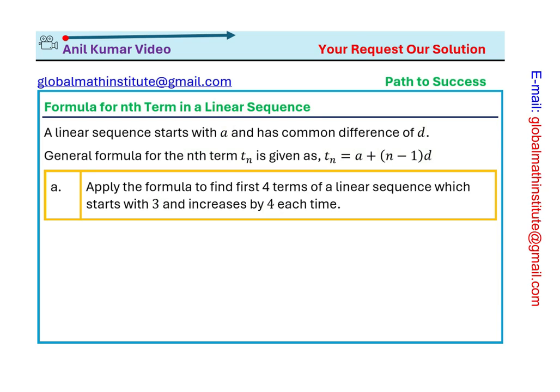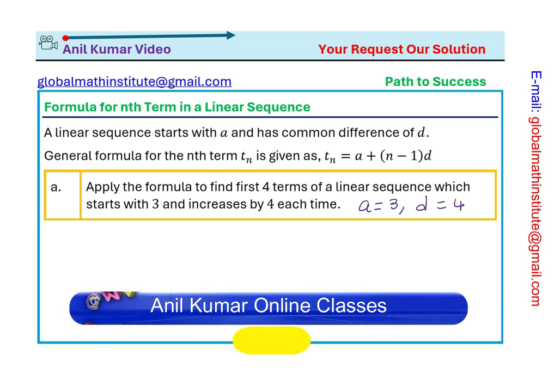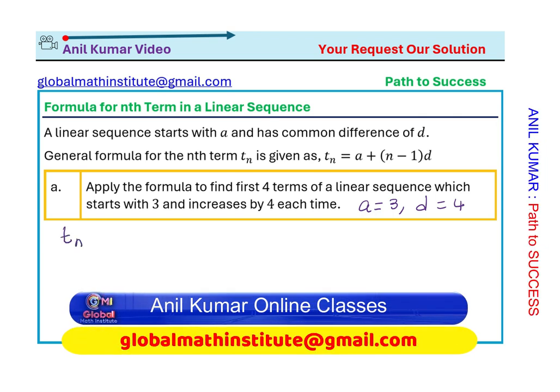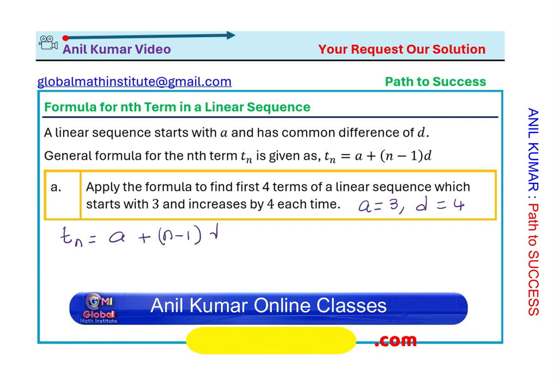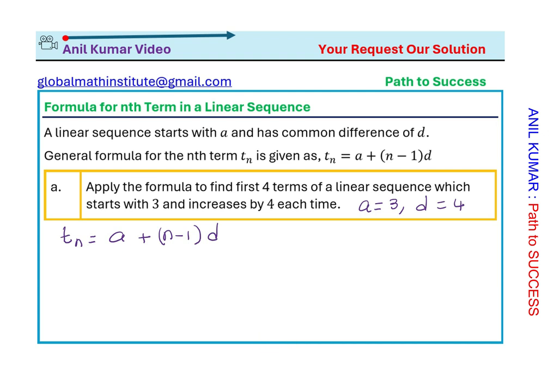So let's take up the solution of part A. In the given situation, we need to find four terms. The first term is A, which is 3, and it increases by D, which is 4 each time. The formula given to us is Tn equals A plus n minus 1 times D. Now, if n equals 1, we will write this as T1.